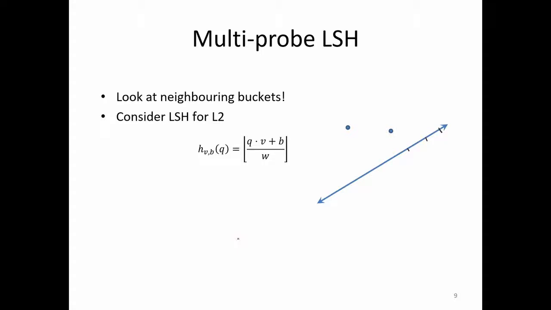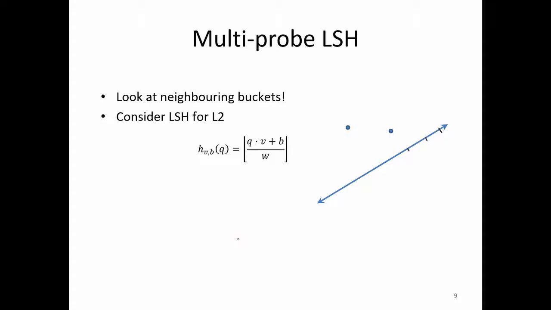But this requires sampling. So the question comes: how many times do you want to probe? Maybe you have to probe many times. So the question is, can we do better?